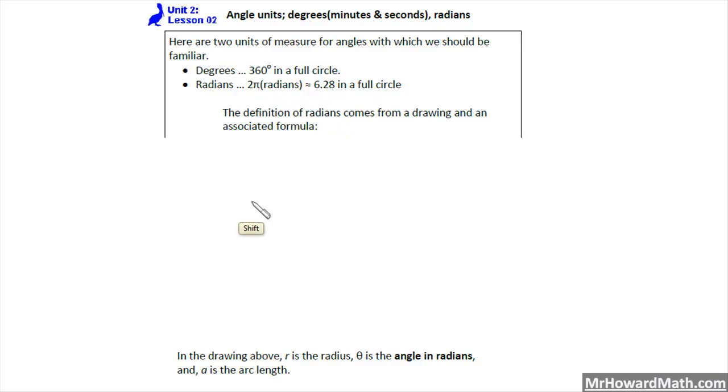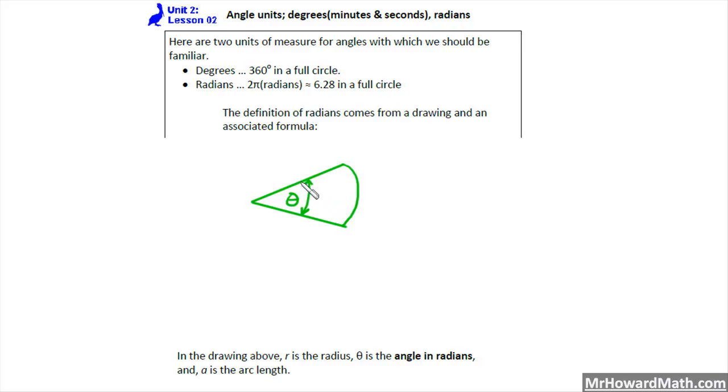So if we make an arc length here out of this, we have this angle right here, theta. We generally use theta to describe an angle.